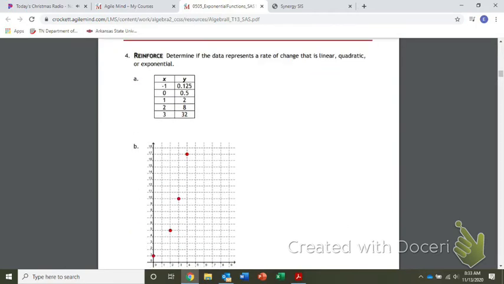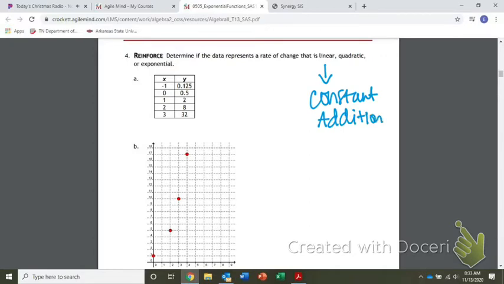All right. So, we are looking at first, how do we know if something is linear? It has a constant what? Okay, it has a constant rate of change. But what operation is it doing? It has a constant addition.